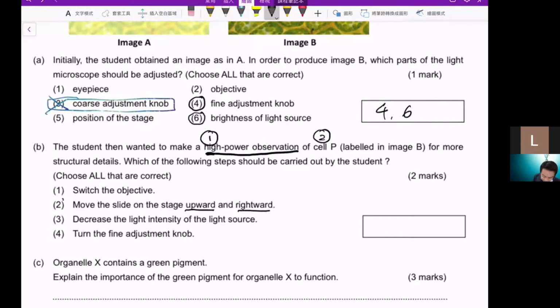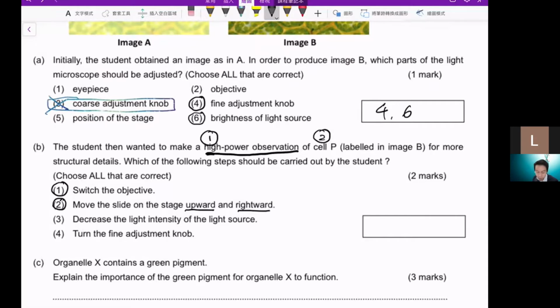So choice 2 is the first thing you need to do. Then secondly, because the student wants to observe the cell in more detail, he needs to increase the magnification power. So choice 1 is a necessary choice.